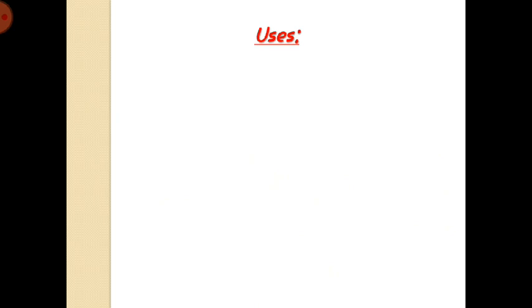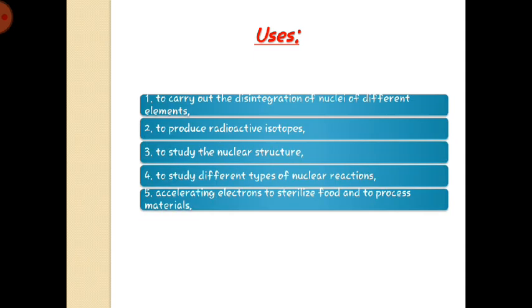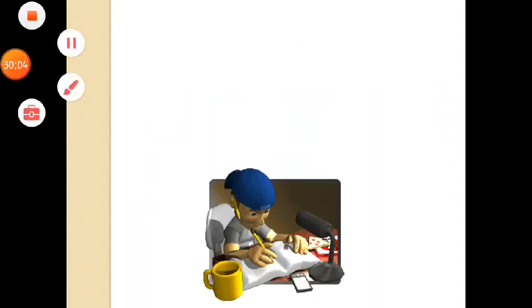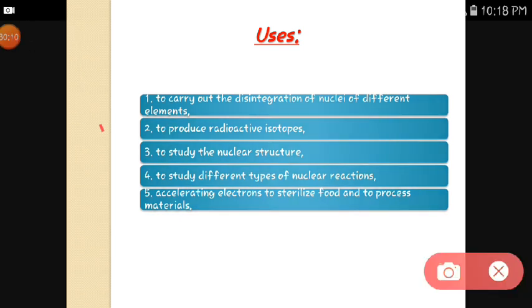And the last part of this chapter, which is uses of Van de Graaff generator. As I told you, basically this is being used for radioactive elements, and even for the nuclear reactions because it needs higher potentials.